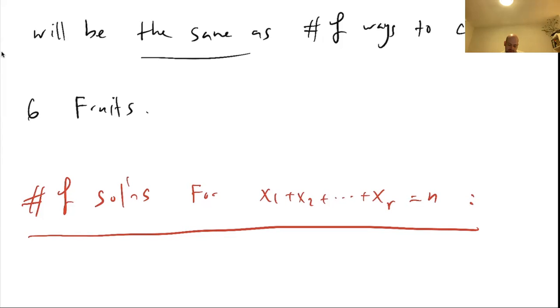Then we can say that the number of solutions of x1 plus x2 plus dot dot dot plus xr equals n is given by n plus r minus 1 choose r minus 1.